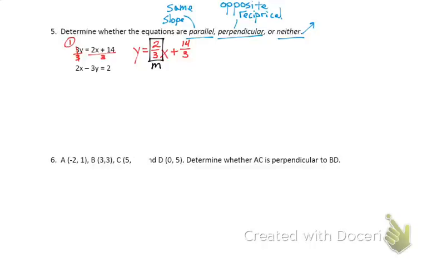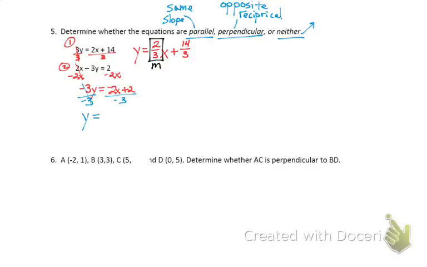Now, the second line over here, I will start by subtracting 2x on both sides. So I have negative 3y equals negative 2x plus 2. And then my last step will be to divide by negative 3. The negative 3's cancel there.